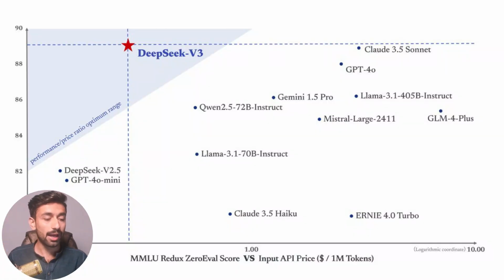A language model, whether paid or free, is nothing if it does not justify its price. So let's talk about the pricing and performance comparison of DeepSeek version 3. Well, DeepSeek is absolutely free for all kinds of users, but its API has a pricing plan. On the x-axis we have the price for 1 million tokens, and on the y-axis we have the score.